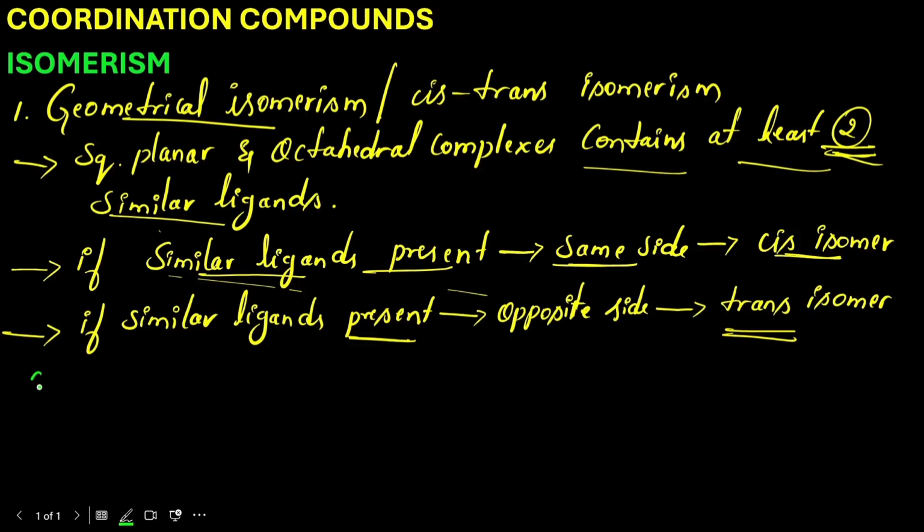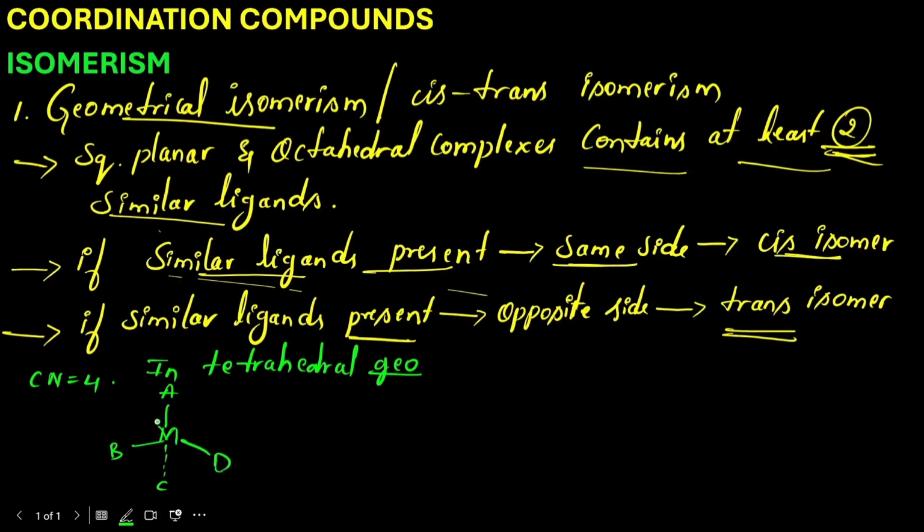If the coordination number is equal to 4 in tetrahedral geometry, first we will write the structure. Here the metal atom, here A, here B, here C, and here D. The angle between these ligands is 109.5 degrees. The relative angles between all these atoms are 109.5 degrees, and the positions of all four atoms are identical.